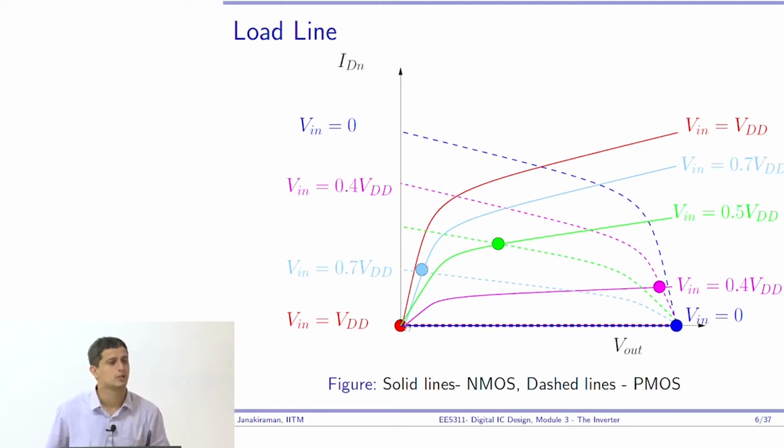Finally, if Vin is going to be VDD, then the NMOS will be turned on in linear region, PMOS will be cut off, and therefore the point of intersection is this red dot which is Vin equal to VDD, Vout equal to 0.